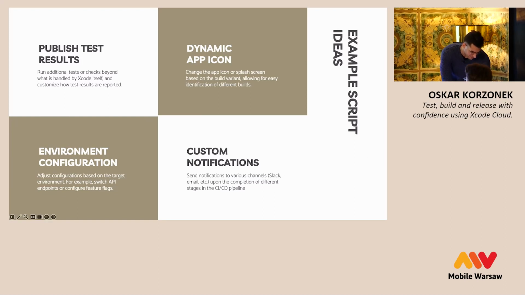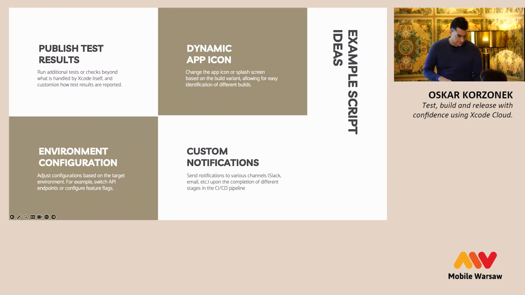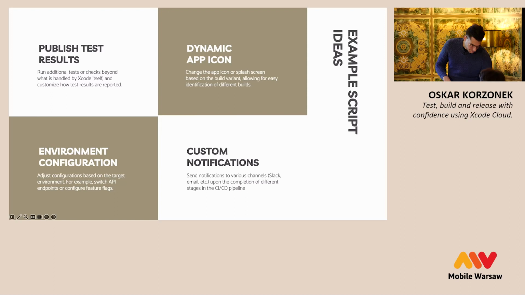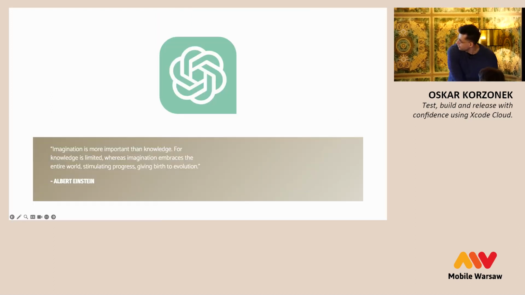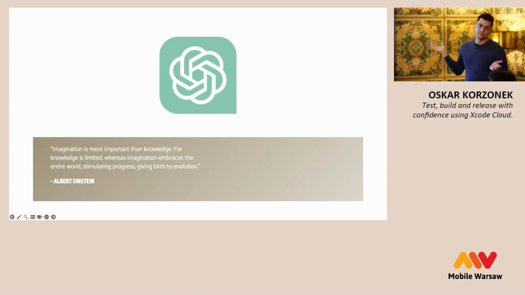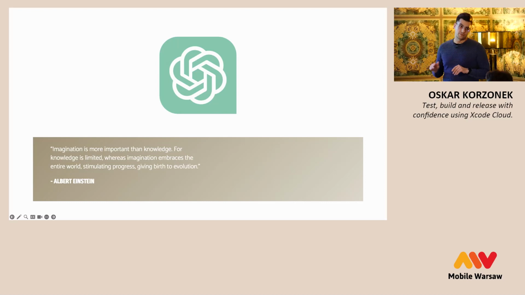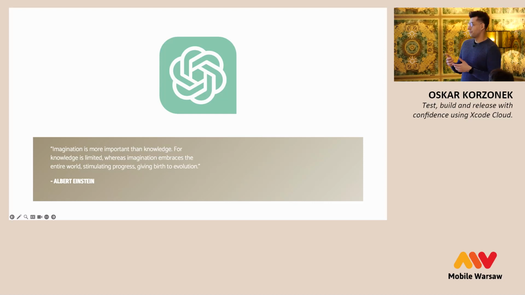So there are a lot of possibilities, and what I think is very helpful is simply ChatGPT. I use AI a lot for generating scripts that run on the CI. During my interview at Dyson, they asked me how familiar I feel with Swift.